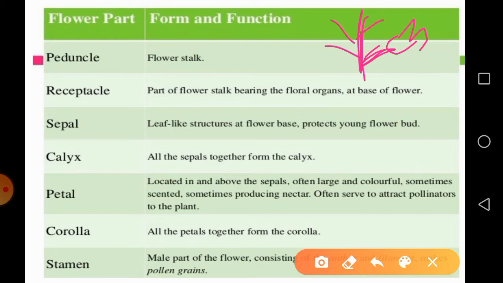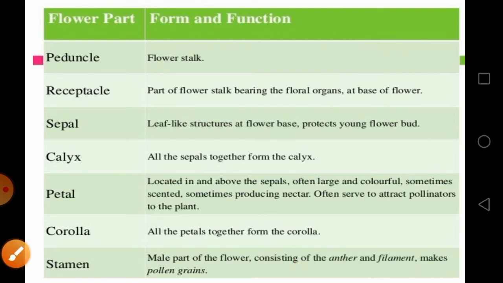Then the receptacle is the part of the flower stalk bearing the floral organs, or the base of your flower.